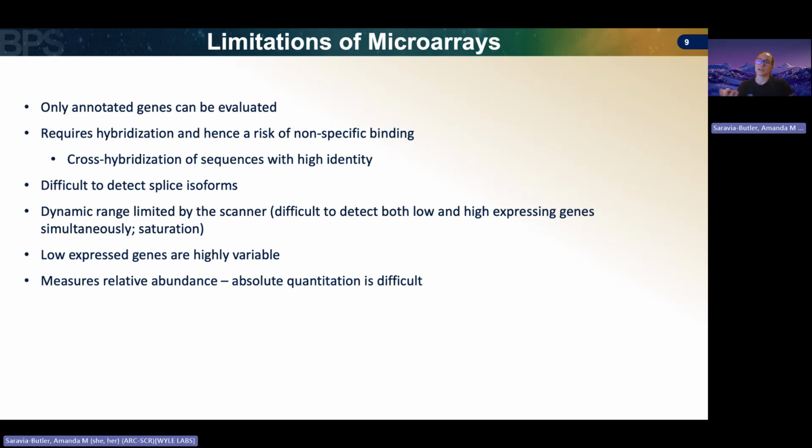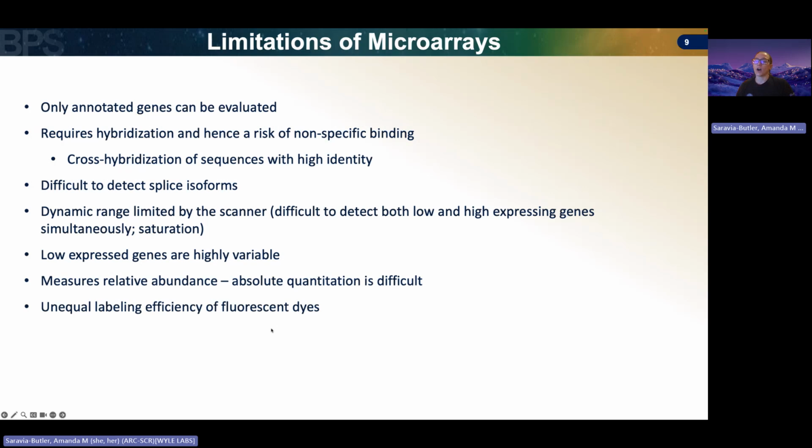Also, this is designed to measure relative abundance. So you're measuring how much one sample is expressing a gene compared to another, but absolute quantitation, although you can do it using known standards, is difficult to do with microarray.